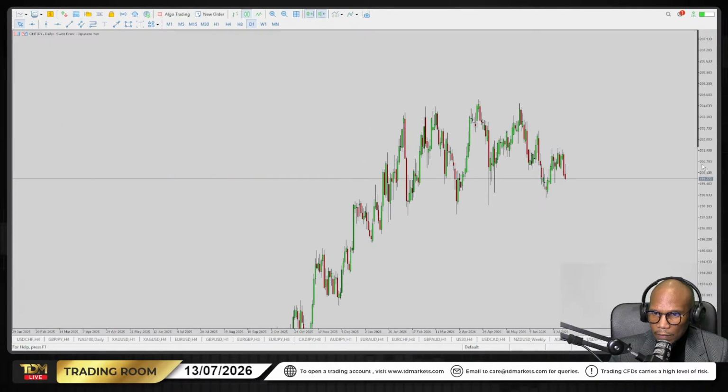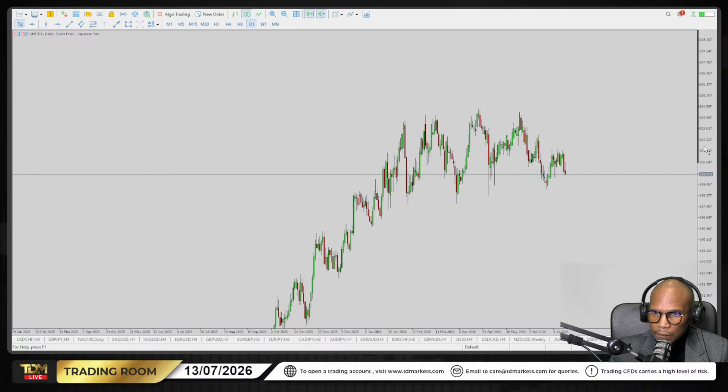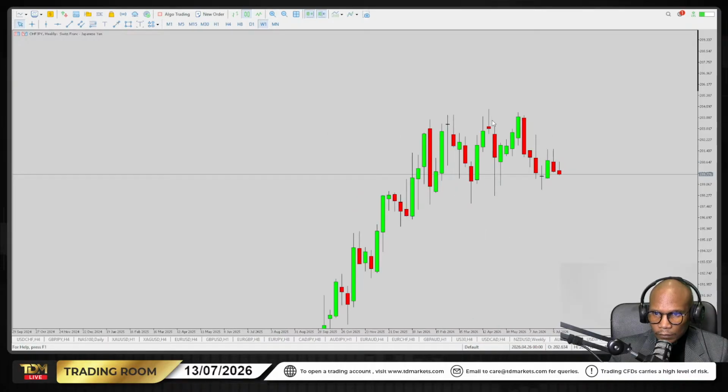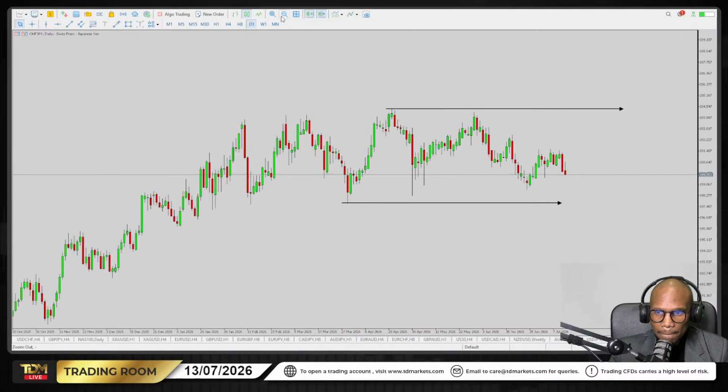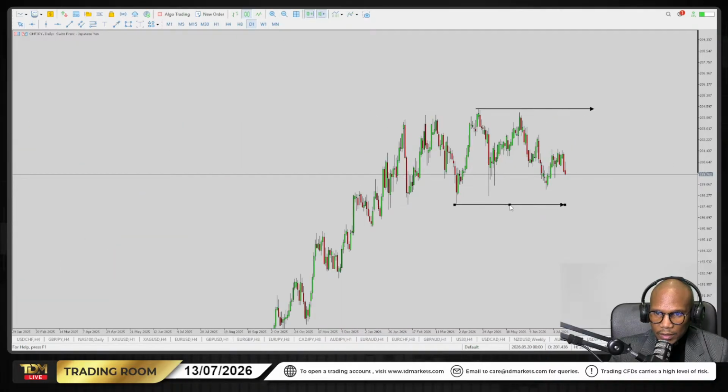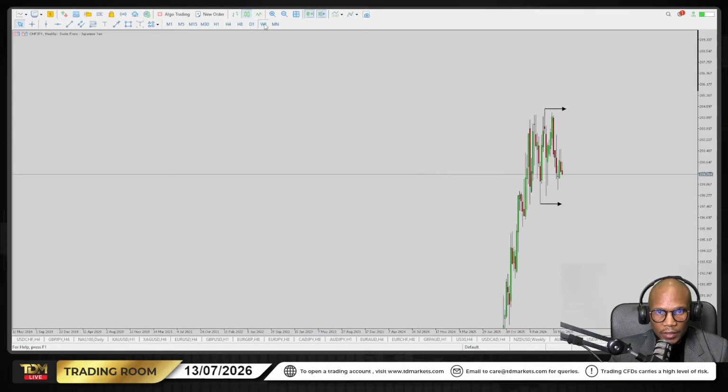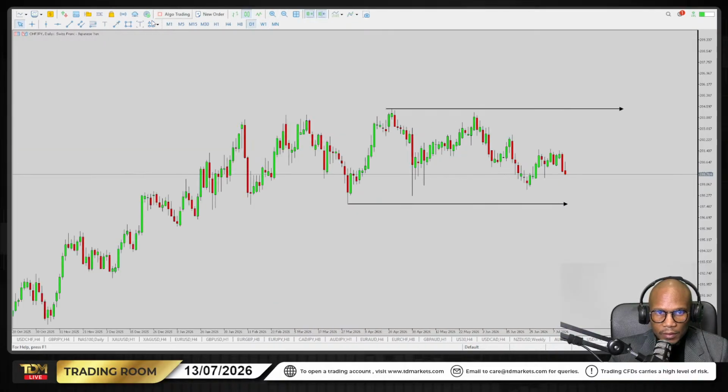So CHF JPY obviously is ranging here. But I'm noticing the internal structure has gone bearish, which is this one here.